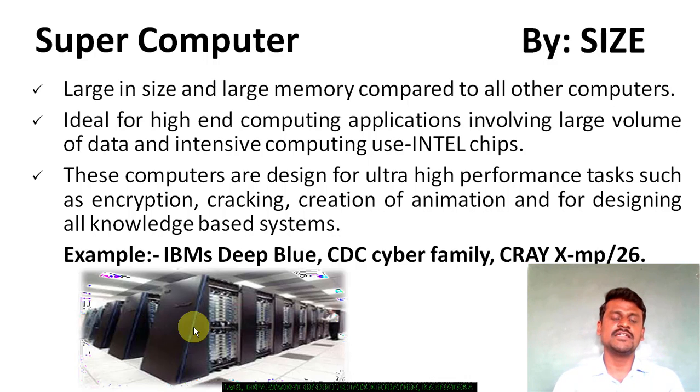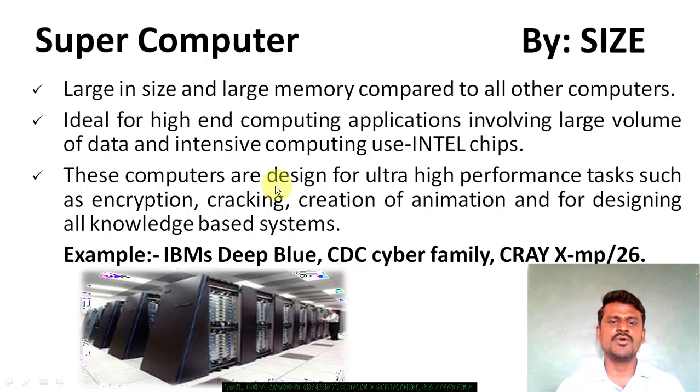They have 100 to 200 GB of RAM and a high-end processor. They are used at a large scale and are ideal for high-end computing applications involving a large volume of data and intensive computing, using Intel chips. These are used for high computations. As the processor is very fast, you can process any kind of data using supercomputers.